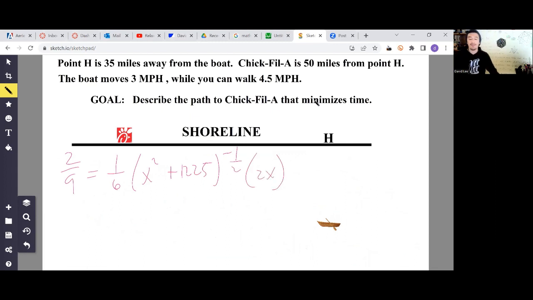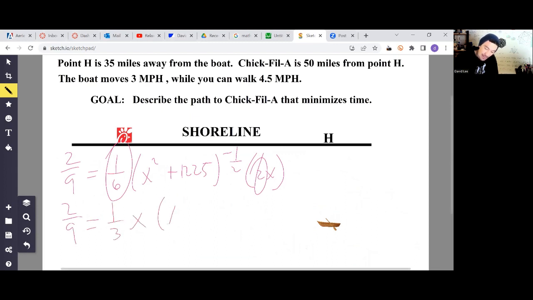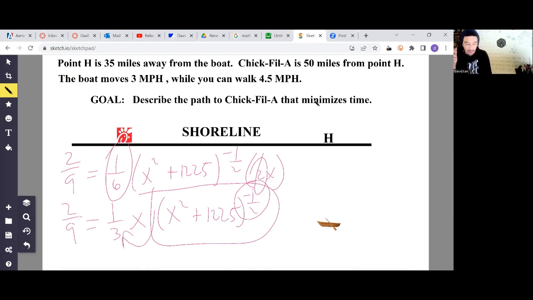I think that's what we have. And then why don't we actually multiply 2 with a 6 to get 1/3? So that's like 2/9 equals 1/3. I'll put the x in the front as well. Like that there. And why don't we take all of this stuff there, which has a negative power, and make the negative positive by sending this whole piece downstairs right next to the 3.